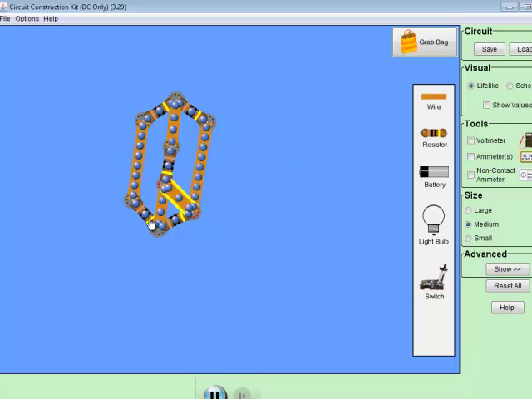Okay, I think this is the way it looks. Alright, and here's the battery, and I have to check whether the battery is to the left or the right. The positive is to the left, so I got it. And then, yeah, that'll be okay.